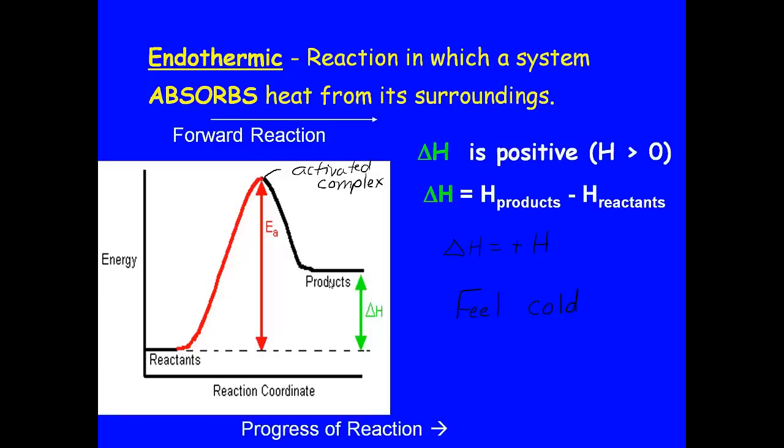So if I look back at this, if you just read this backwards, this is how you can see the graph all of a sudden becomes exothermic, because now this would become my reactants in the reverse, and this would become my products. So you could see in the reverse, products would be lower than the reactants. That's why it's exothermic in the reverse.